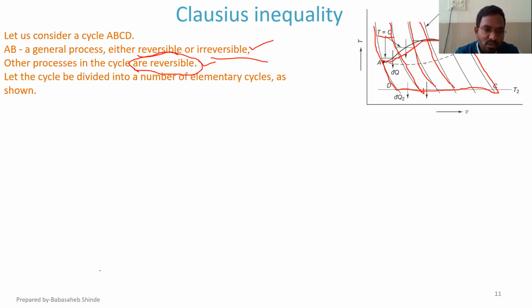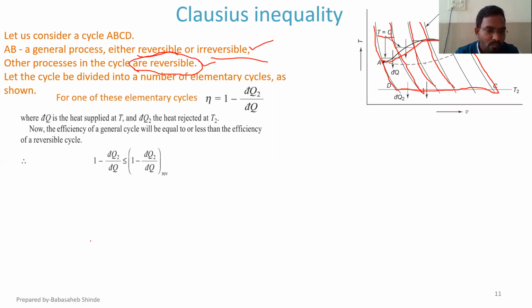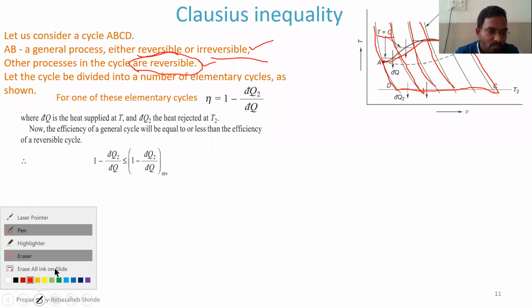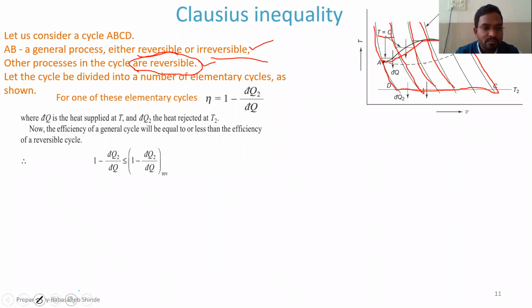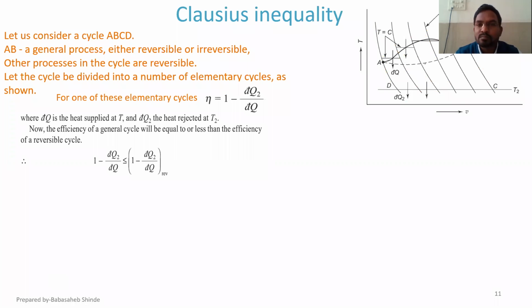Now, let's consider the first segment, this one. For this segment, dq is the heat entering the system and dq2 is the heat leaving the system.